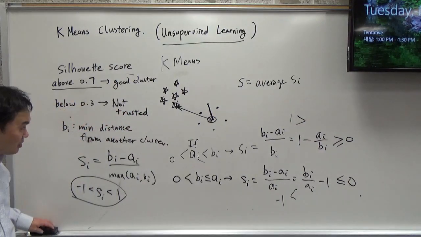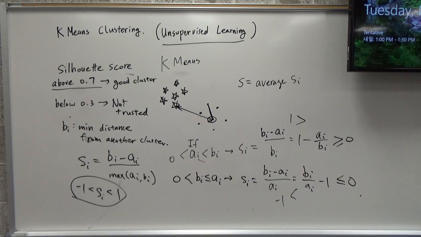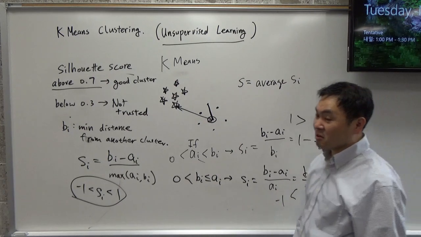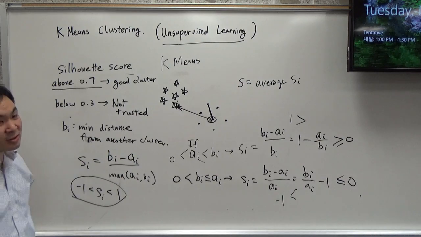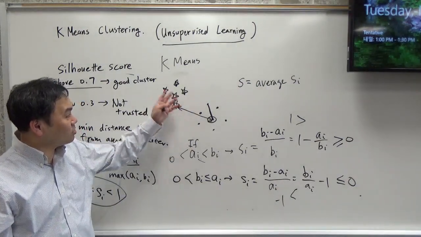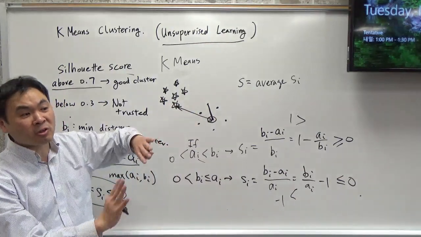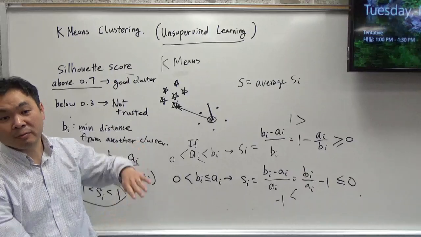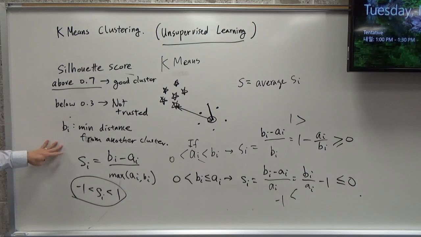That's just from experience. There's no mathematical theory behind why that would be a good or bad clustering. But definitely, if your silhouette score is negative, that means your clustering is very bad, because negatives will only appear when you have overlaps. Okay, so that's definitely bad. So something close to 0 or negative is a bad clustering score.